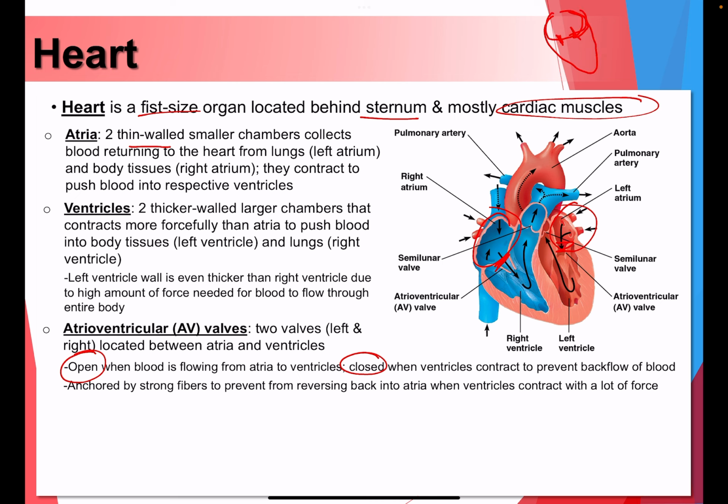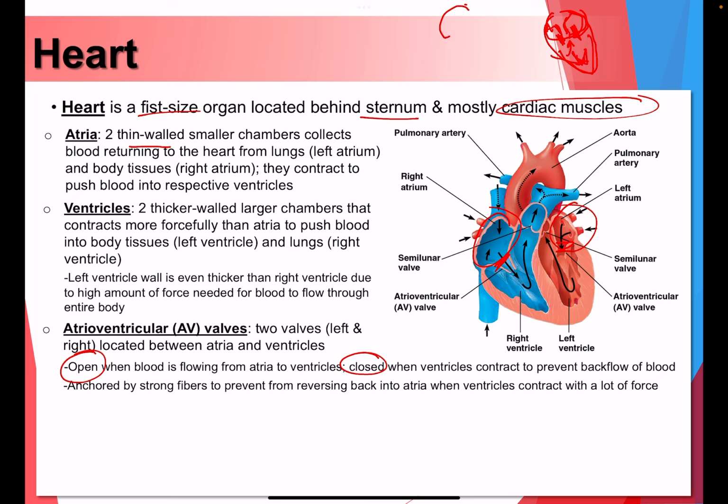And there's that valve between the atria and the ventricle. So when ventricles are squeezing, blood can push against this valve to close it. But because the ventricle squeezes and contracts with such a huge force, that valve can actually revert into the atria and then we're in trouble.